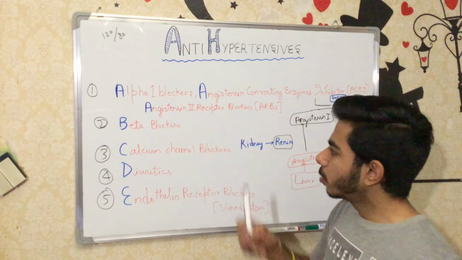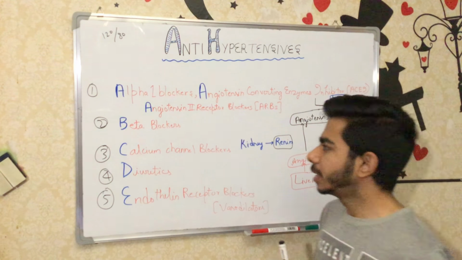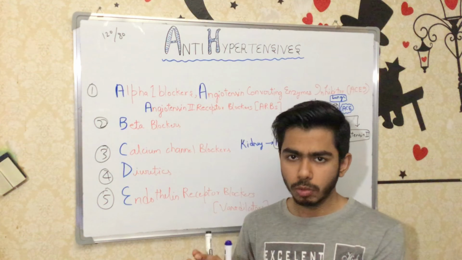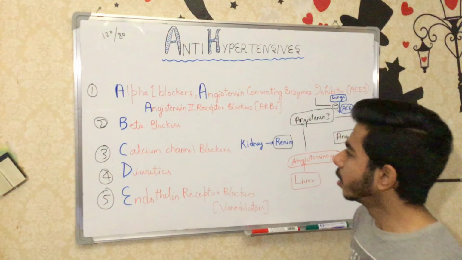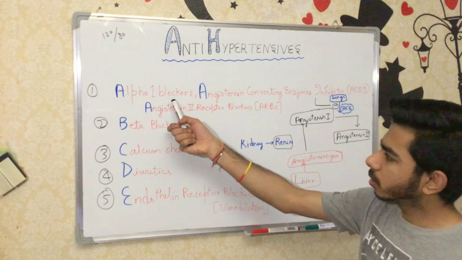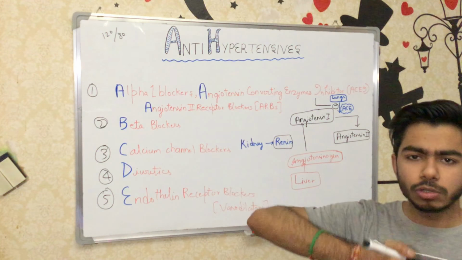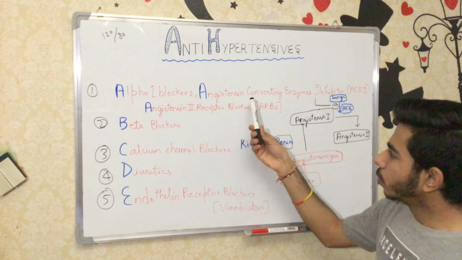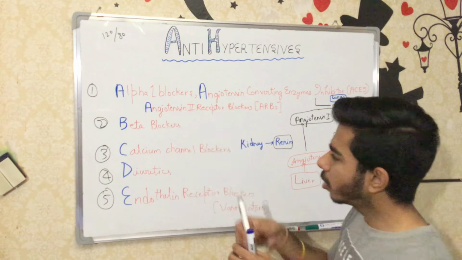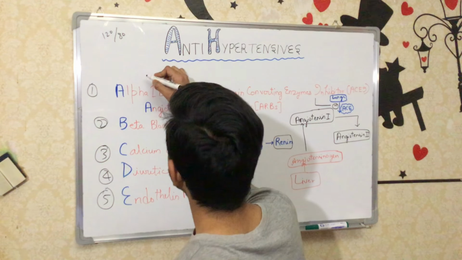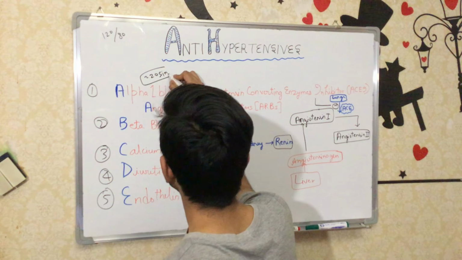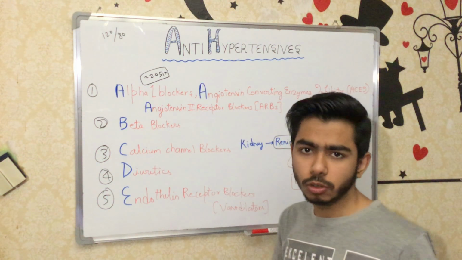Now talking about the beta blockers. Before that, talking about the drug endings, alpha 1 blockers are prazosin or doxazosin, so the ending of the alpha 1 blockers is the osin, like prazosin, doxazosin.